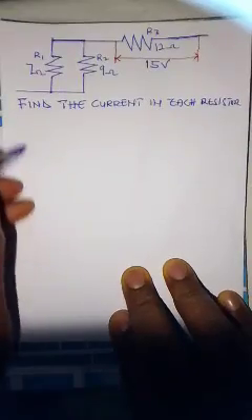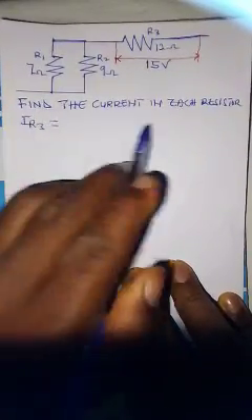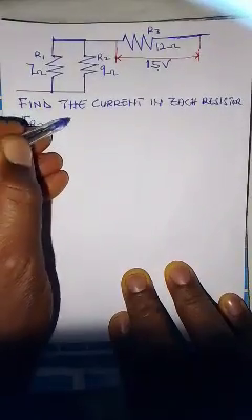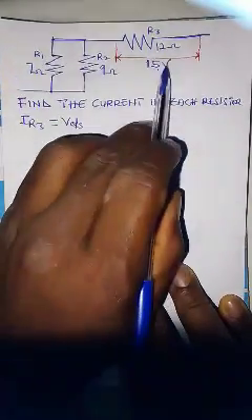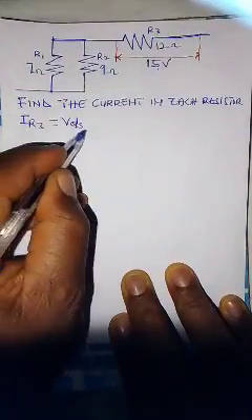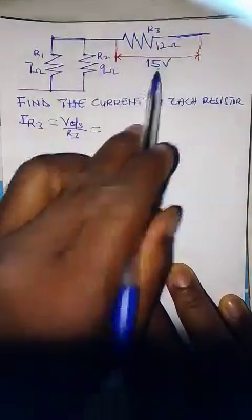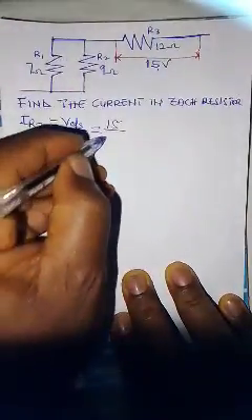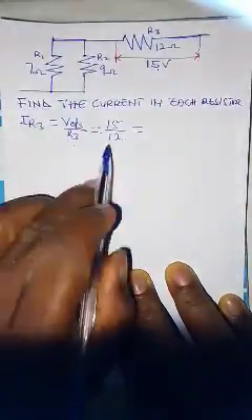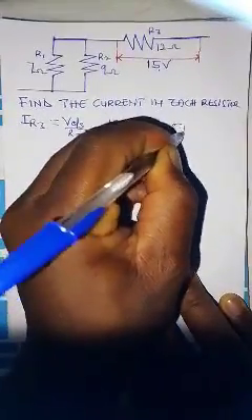R3. So what we say is the current in R3 is equal to the voltage drop across the series circuit over R3, which is going to give us 15 volts over R3, which is 12. And 15 divided by 12 will give us 1.25 amps.